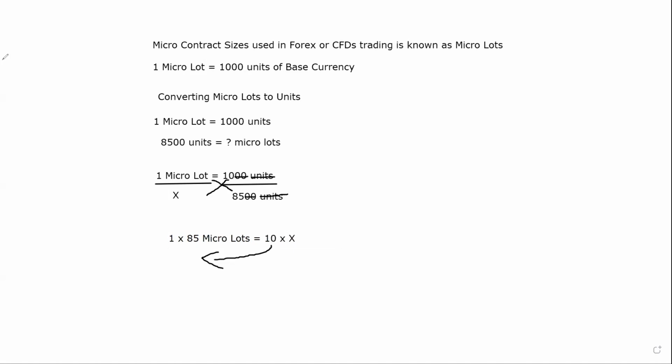So what will we get? 1 into 85 is 85 micro lots equals x over the denominator 10. So 85 divided by 10, the answer would be 8.5. So this means that 8,500 units is equivalent to 8.5 micro lots.